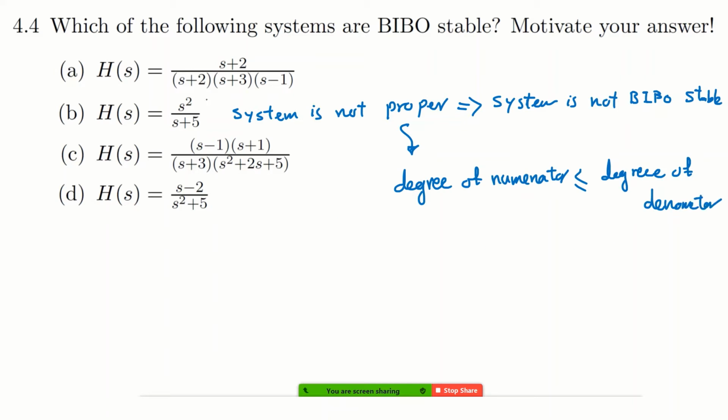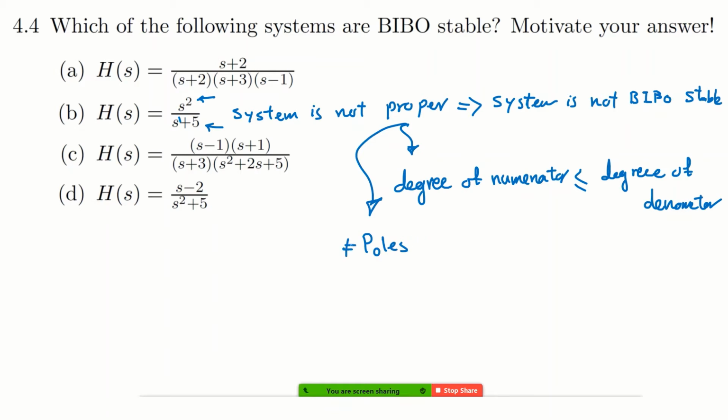So you see the degree of numerator here is 2. The degree of denominator is 1 because s has power of 1, but here s has power of 2. There is another definition for a proper system, based on the number of poles.